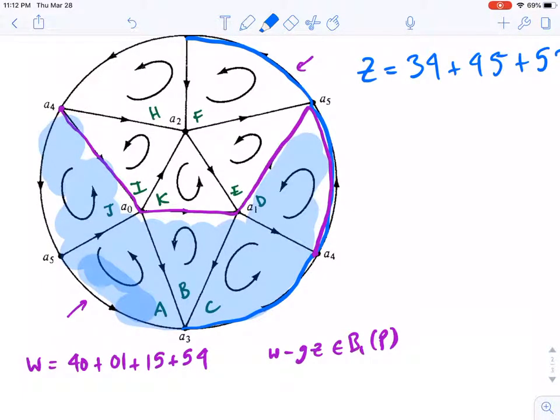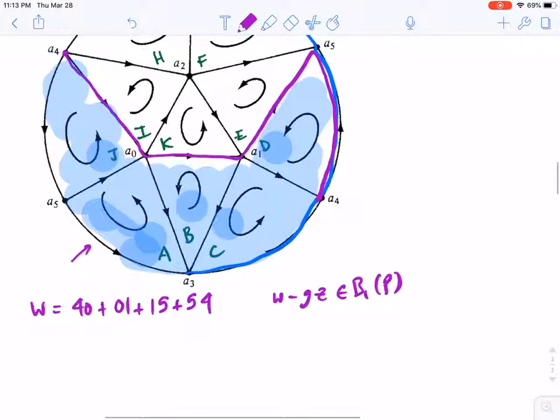Okay, and so what I claim is that if we consider the boundary of these regions, J and A and B and C and D, that is going to give me W minus GZ. All right, so let's give it a try.